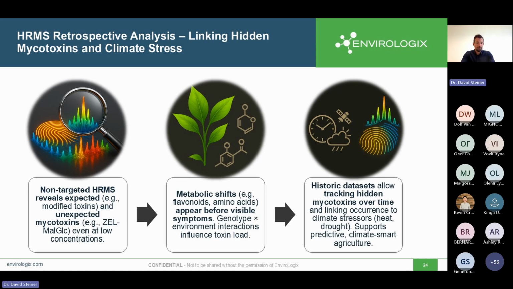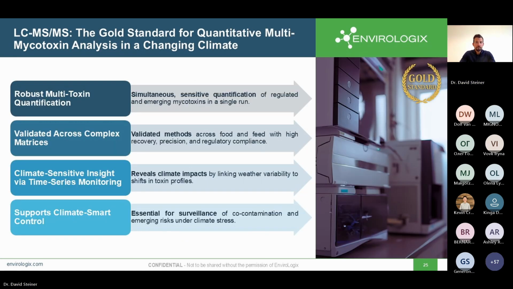So by combining this historical data with metabolic fingerprints and environmental records, high resolution definitely supports this predictive and climate adaptive agriculture, which allows the anticipation of high-risk scenarios and also informed decision-making, even for toxins which were initially not even monitored.